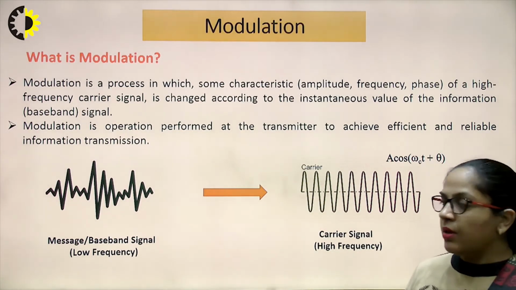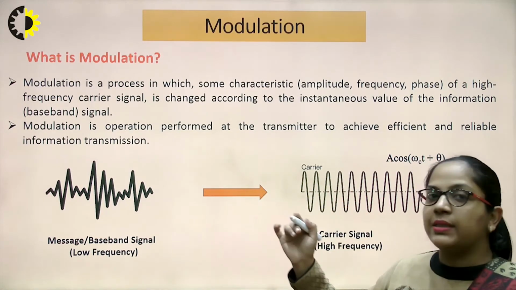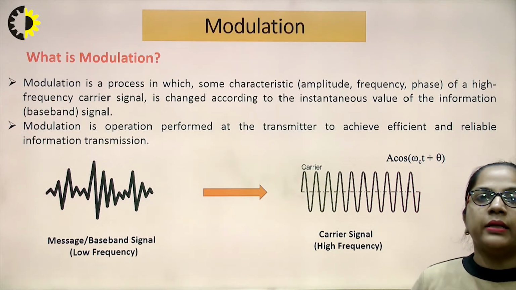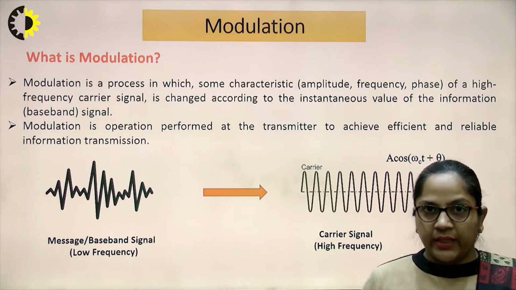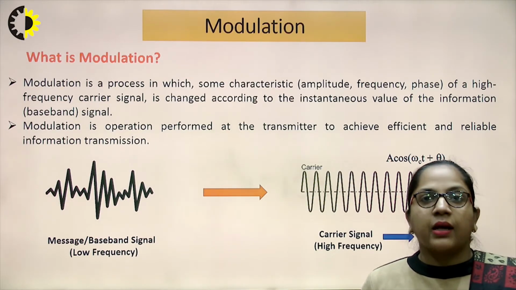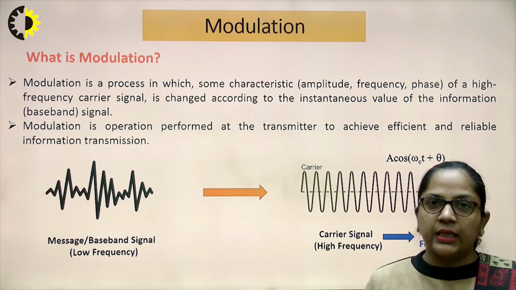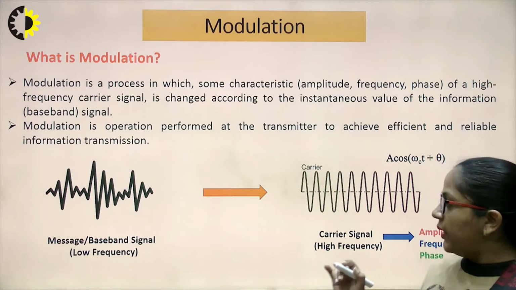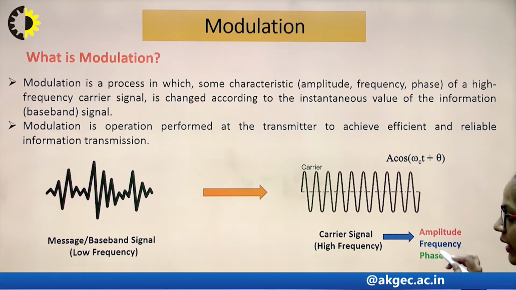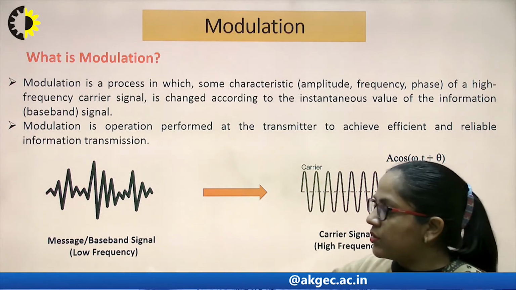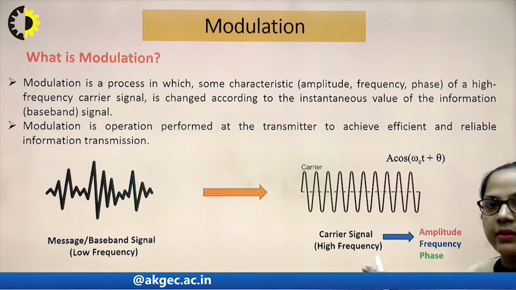Now the question comes, how will this high frequency carrier signal carry this low frequency message signal? We know that a signal can be represented in terms of its amplitude, phase and frequency. That means a signal has these three basic properties: amplitude, frequency and phase. So by varying any one of the properties, that is amplitude, frequency or phase, we can superimpose this low frequency message signal over this high frequency carrier signal.